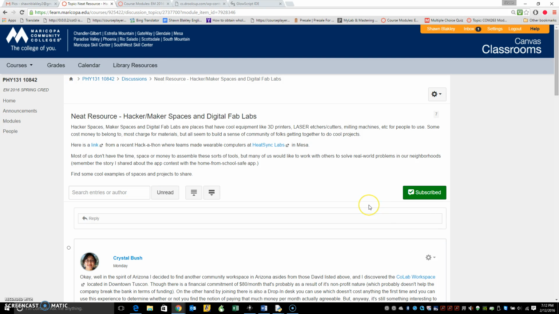So next we move into hacker spaces, maker spaces, and digital fab labs. This was another neat resource. I was kind of unaware what these terms meant. They're actually like community groups, with people that share similar interests and can get together and work on projects.